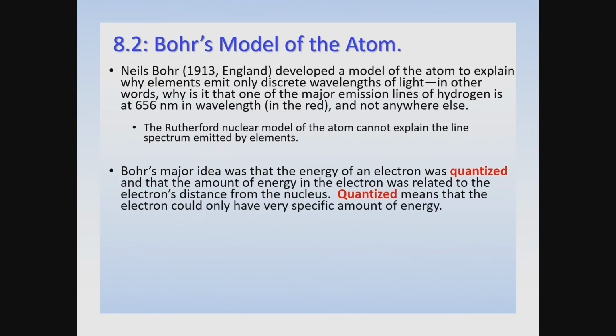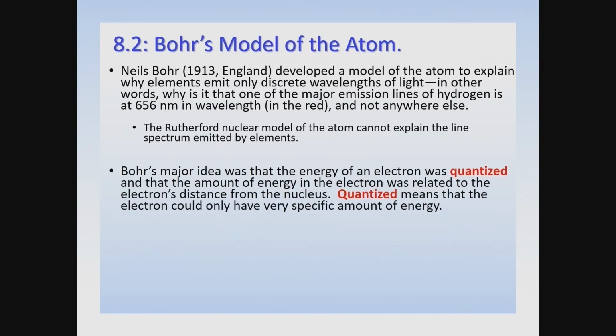But one important idea that you'll see with the Bohr model is, let's take hydrogen as an example. You know that hydrogen has one proton and one electron. And what you'll see is that that one electron in the Bohr model can be at varying distances from the nucleus. Now, the thing is, it can only be at very specific distances.